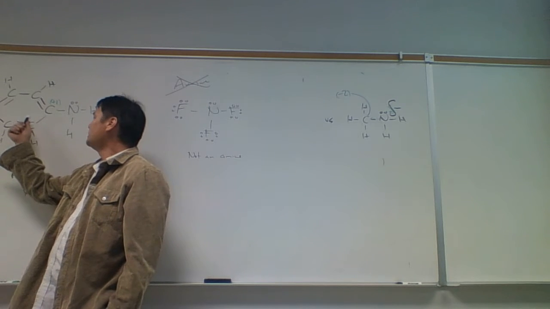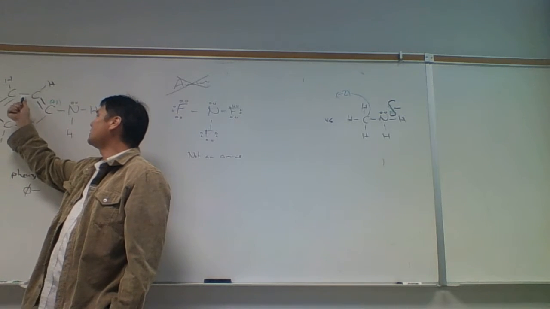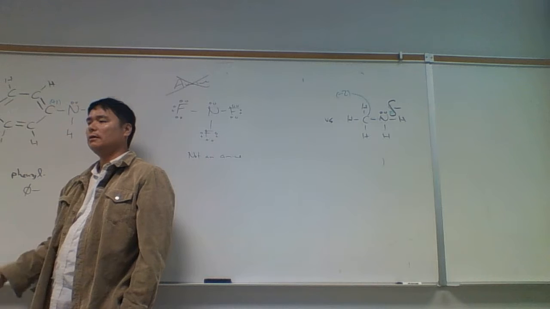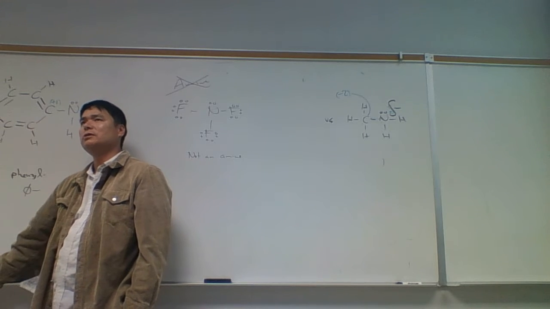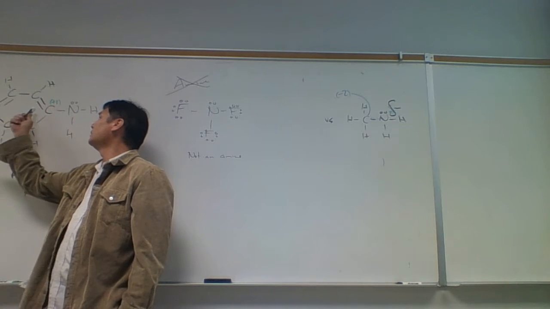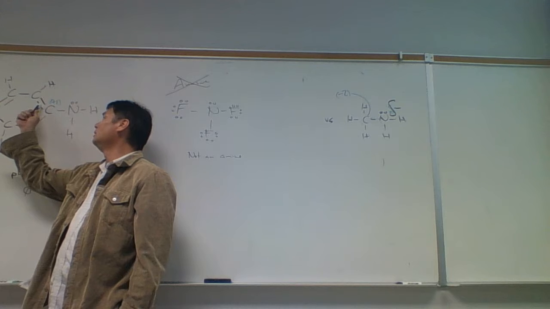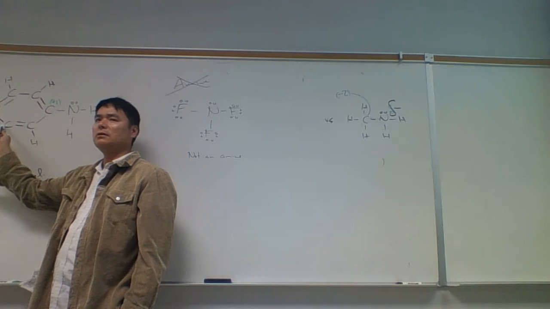Aniline's special. This is not like a normal alkene. An alkene has a carbon-carbon double bond, and alkenes are typically electron pushers. But this has an interesting network: double, single, double, single.